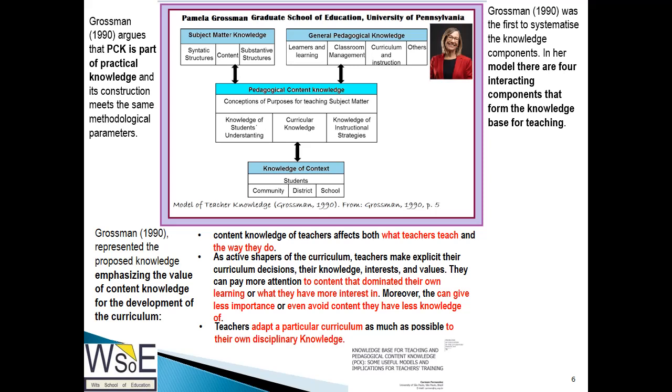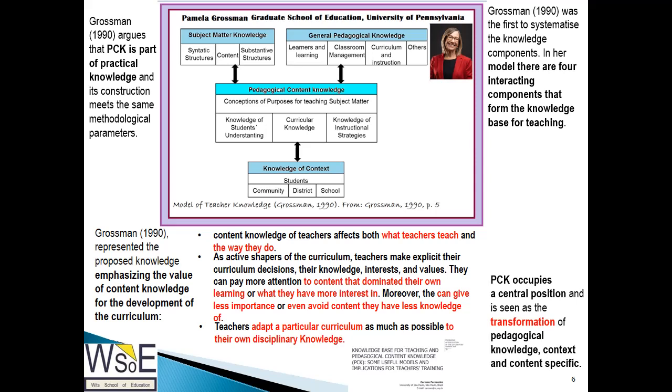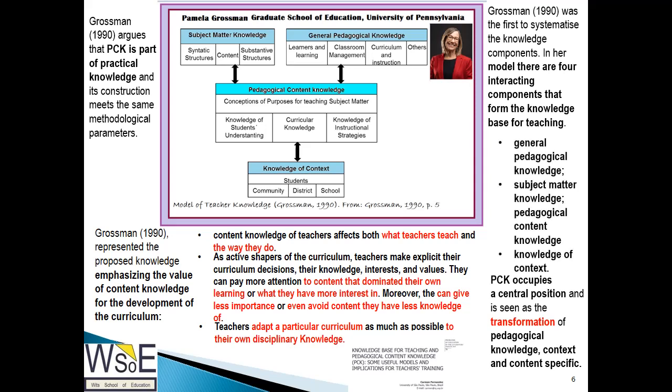So subject matter, general pedagogical knowledge, and knowledge of context would help form a teacher's pedagogical content knowledge, and those will obviously influence each other. Now, PCK occupies a central position in her model, and it's seen as the transformation of all the other knowledge bases. So it gets transformed or changed into something that is uniquely the province of the teacher.